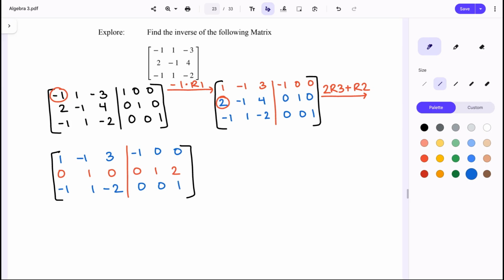Okay, row 2 looks really good in my opinion because it says 0, 1, 0. That's what I want. So I'm going to try my best to not impact that if I can help it. But sometimes, we've seen in the past, you have to finagle it a little bit in order to get where you need to go. How can I make this negative 1 here at the bottom become a 0?